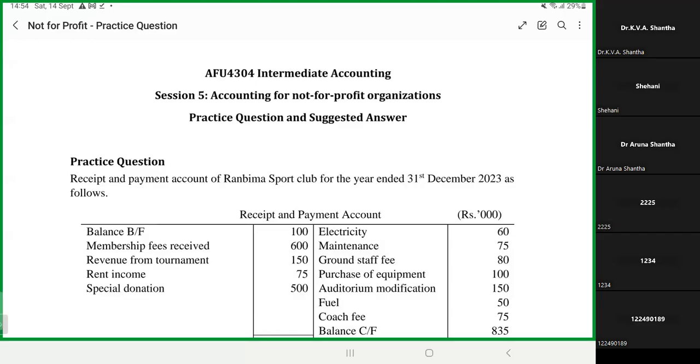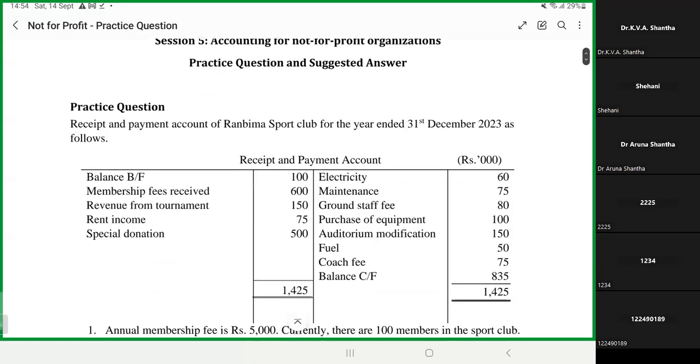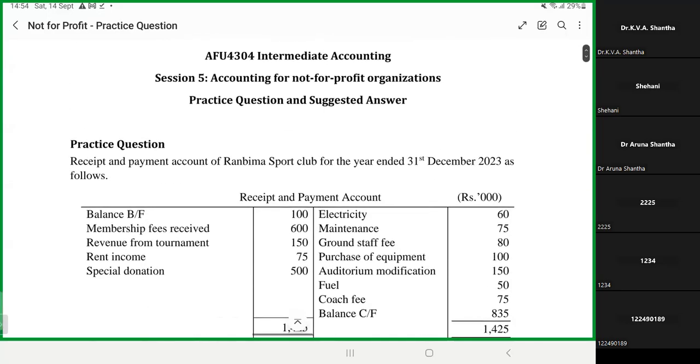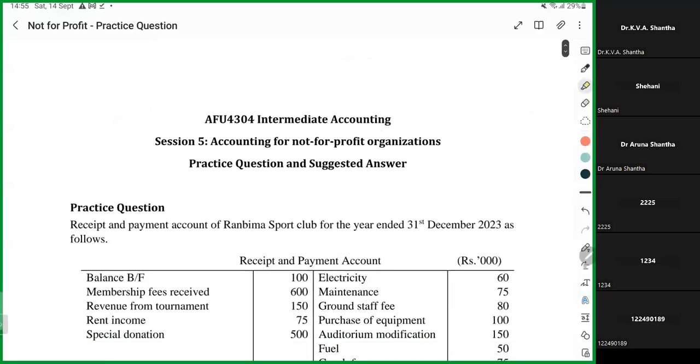Right. Let's start. You know the components. You have to prepare the statement of income and expenditure.